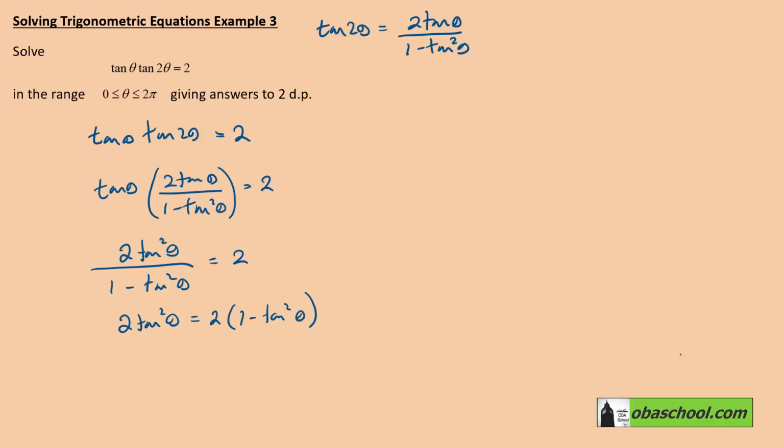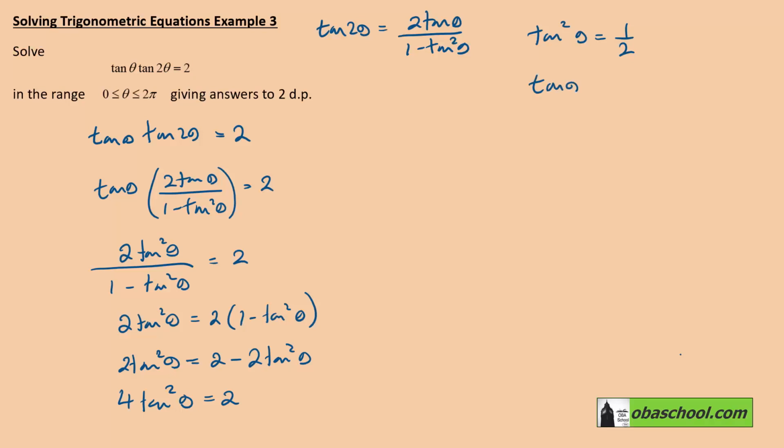So 2 tan squared theta is going to be 2 take away 2 tan squared theta, which gives me 4 tan squared theta equals 2, which tells me tan squared theta equals 2 divided by 4, which is a half.